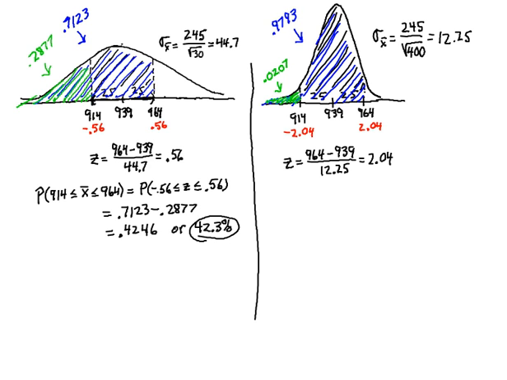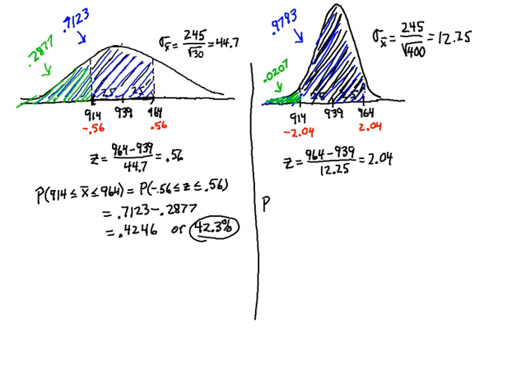Now again, I want the area over my interval that I shaded in black. So to get that, I'm going to take the 0.9793 and subtract the 0.0207.